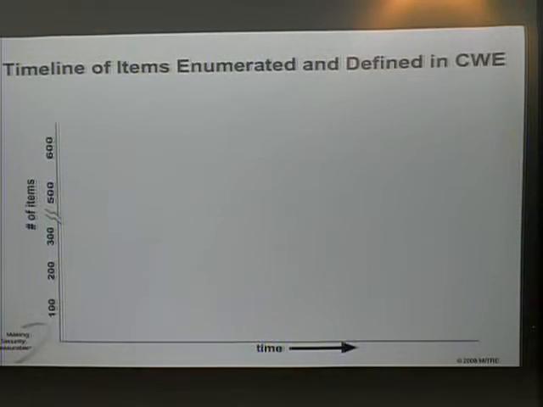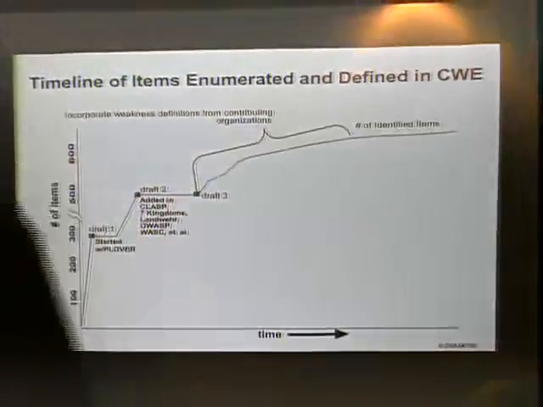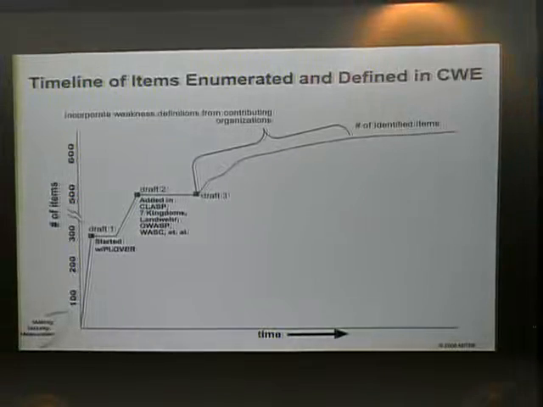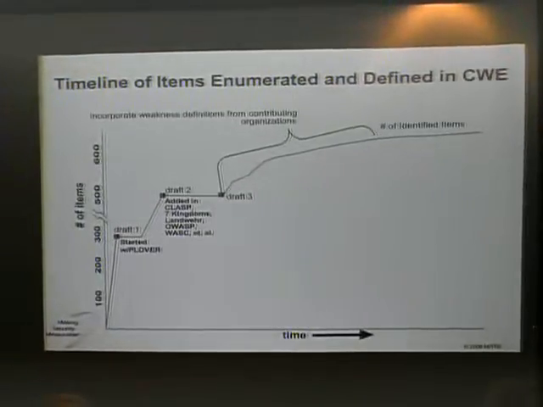One of the ways I sometimes talk about what we've been doing is, well, how many things have we identified? That's a good metric, right? And so if you look at the different drafts, we got up to draft 3, and that's when we started pulling in content from a lot of other people through the NDAs.